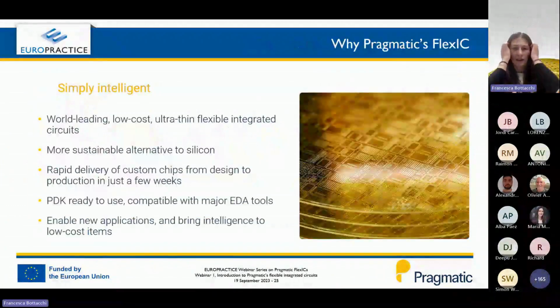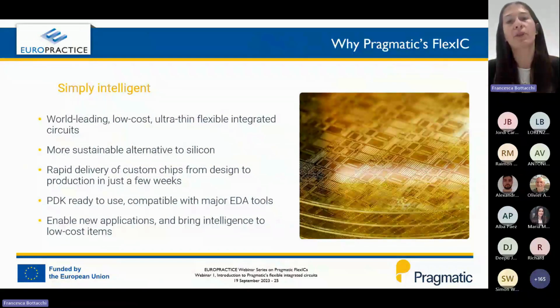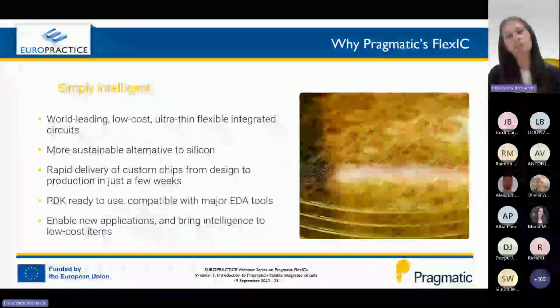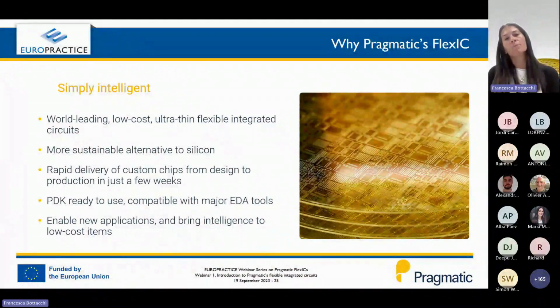So with this, I would like to conclude on why you should choose Pragmatic. We are the world leader and low-cost manufacturer of thin-film flexible integrated circuits. We are a more sustainable alternative to silicon. Our turnaround is extremely fast, and within a few weeks from tape-out you can get your wafers or parts delivered to you.